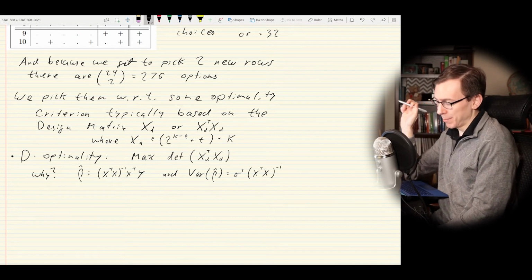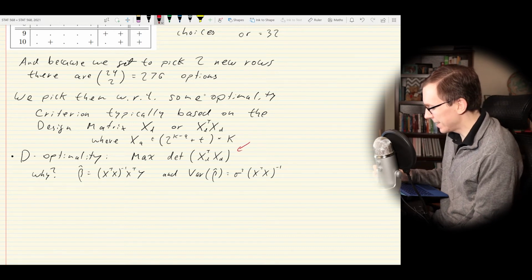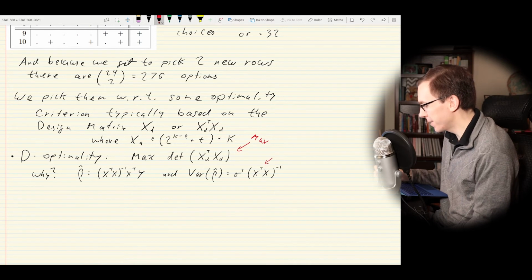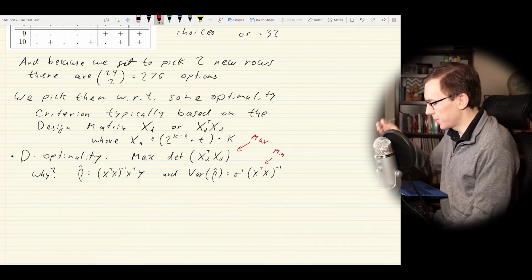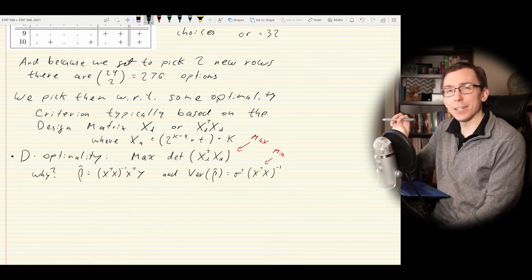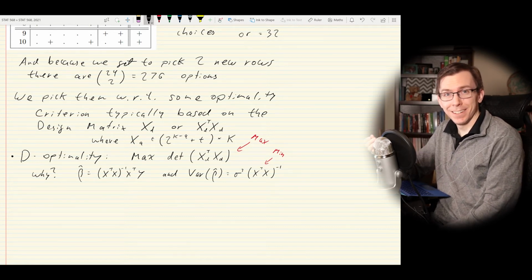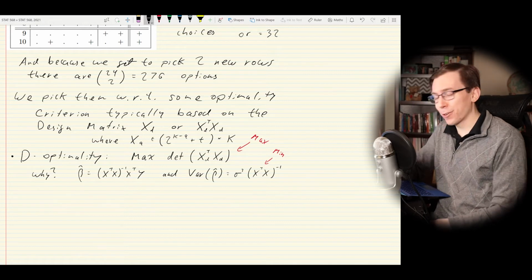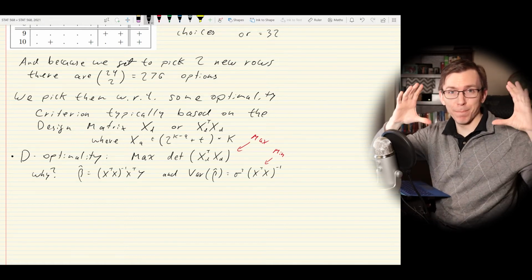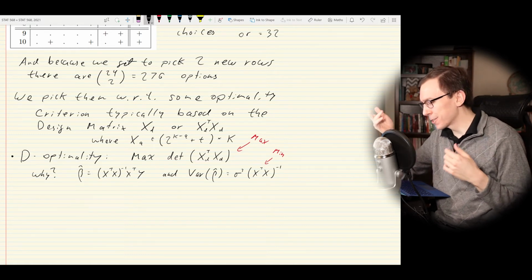So that's quite interesting, because that means if we maximize the determinant of X transpose X, we are in fact minimizing the determinant of X transpose X inverse. And the determinant has a really interesting geometric interpretation. It's the volume of an ellipsoid. So if we wanted to create a confidence ellipsoid for beta, so beta hat is a vector in whatever dimensions we're in.